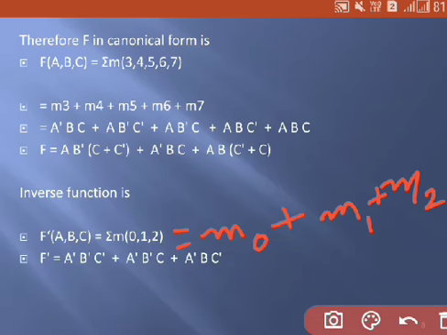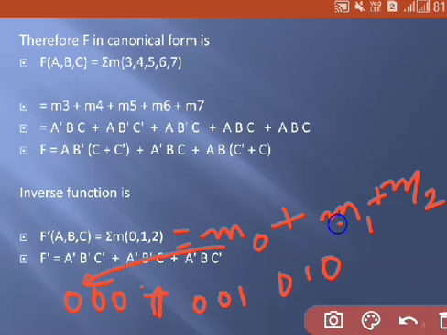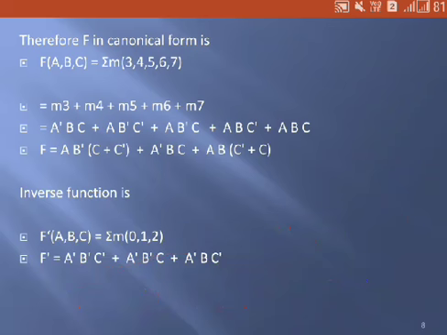So m naught corresponds to a bar b bar c bar, which is 0 0 0, plus a bar b bar c, which stands for 0 0 1, and a bar b c bar, which stands for 0 1 0. Okay, so this is how you can write the given function in the standard canonical form, that is sum of products form, both the function f and its complemented function f dash of a, b, c.